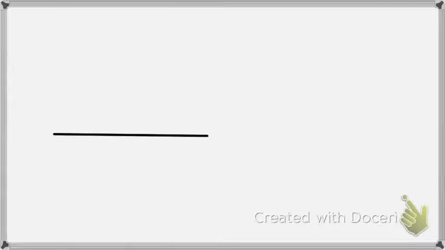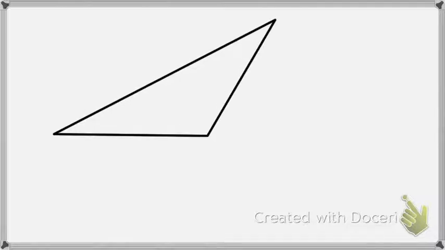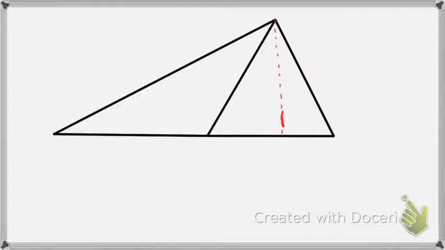Here's the base. I'm going to extend this arm here, and I'm going to draw out my 2 possibilities here. There's the height of that triangle. This is 7. This is 6. And this is 6. Here's 38 degrees.